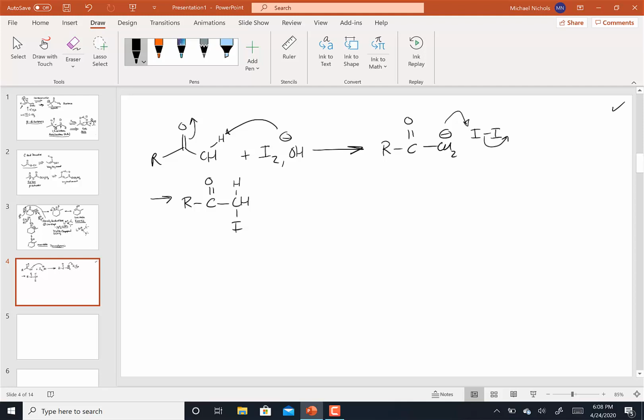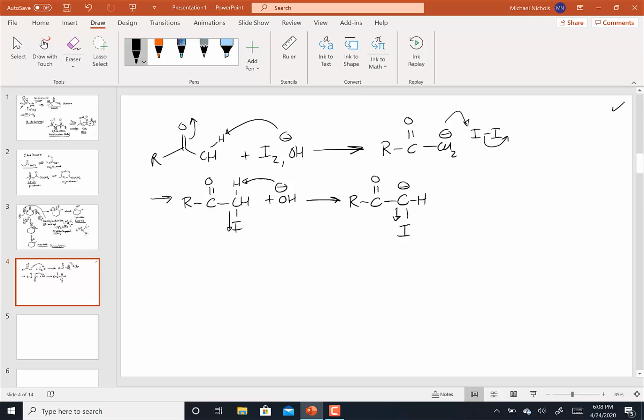Now, once you add an electron withdrawing group like iodine or bromine or chlorine, and this is done primarily with iodine, it will basically remove electron density from this carbon, so that the next equivalent of hydroxide that wants to come in and deprotonate that alpha hydrogen, that enolate will be stabilized, because that carbon is going to have some of its negative charge pulled away from it by the electronegative iodine.